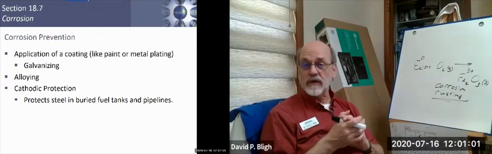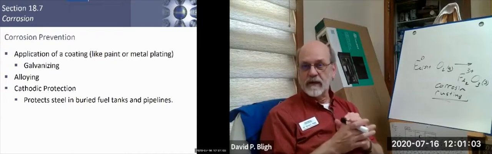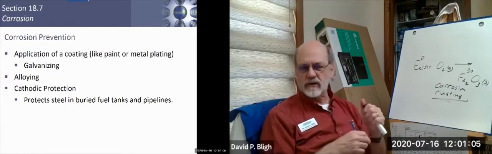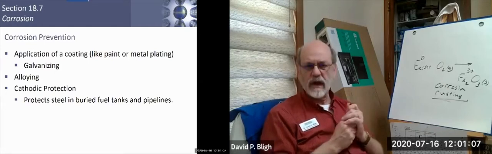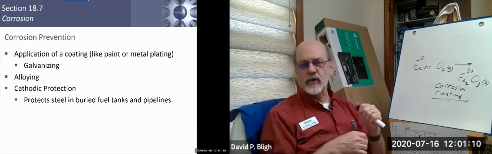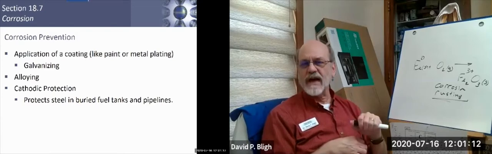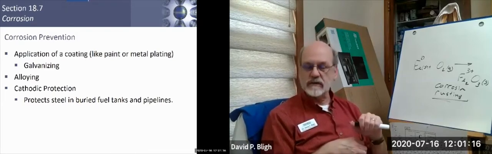Or we could coat it with another metal, right? And anybody talk to your grandparents? It was common for households to have probably a half a dozen or more galvanized steel buckets.